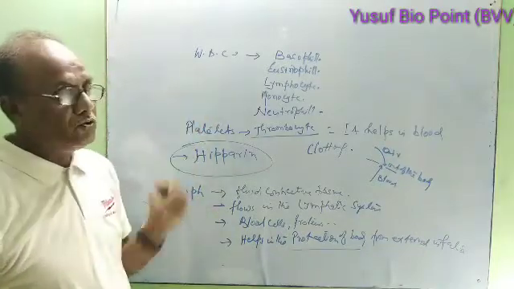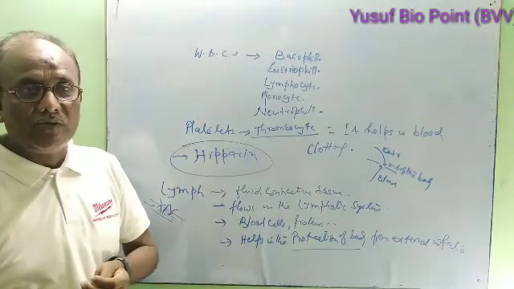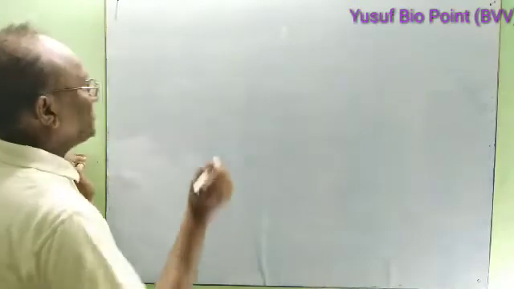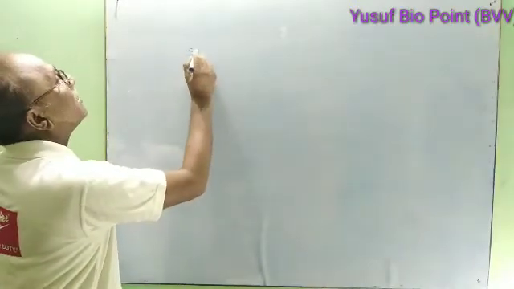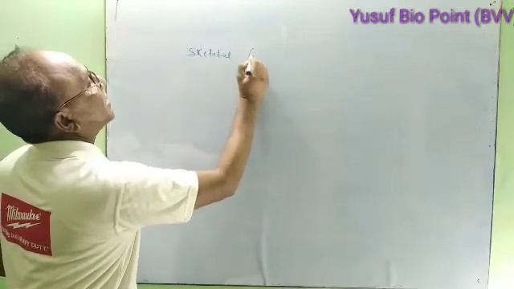So these two, blood and lymph, are the fluid tissue about which we have studied. Now the next one is skeletal connective tissue.